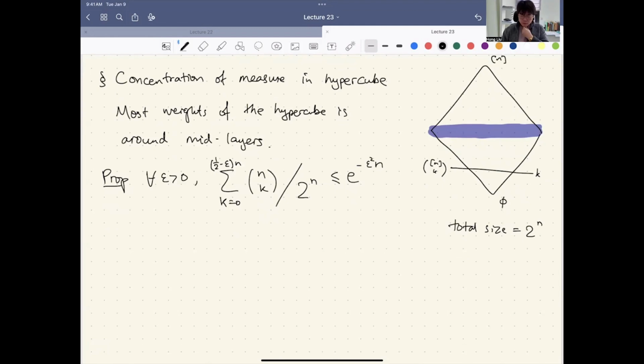All right. So to prove this, let's start out with proving one basic type of Chernoff type concentration inequality using Markov inequality. So recall Markov.